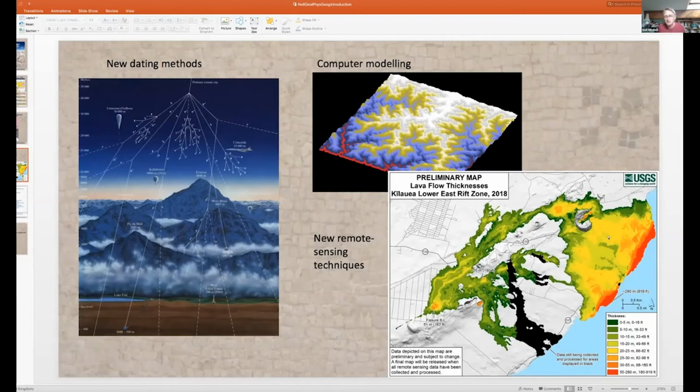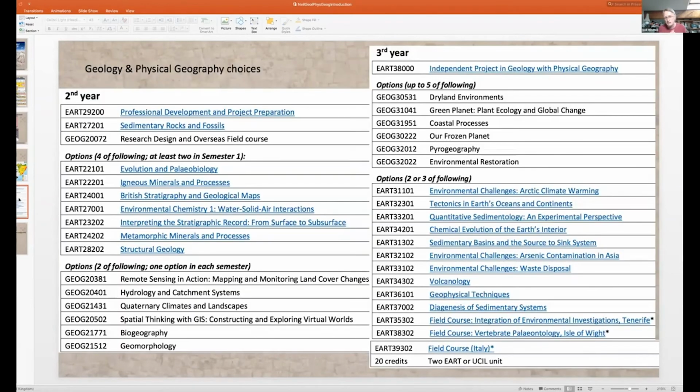By combining those two datasets, they were able to map out the thickness of the lava, where it erupted from up here, eventually traveled down and reached the ocean, and then some of it entered the ocean. So it's a fantastic time for working in this subject area.